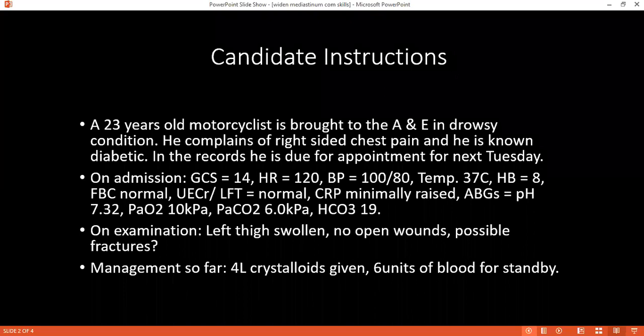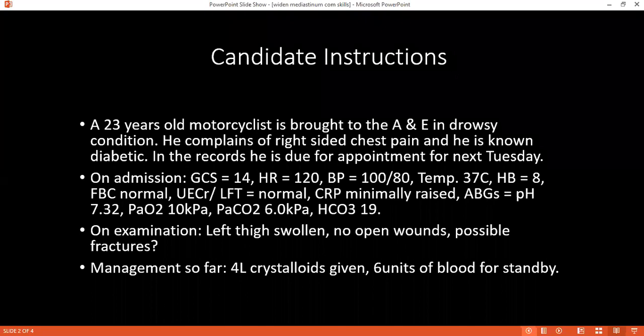Okay. And ABGs, how would you correct that? What measures would you take? If the patient is in DKA, then I will start giving IV fluid, normal saline.